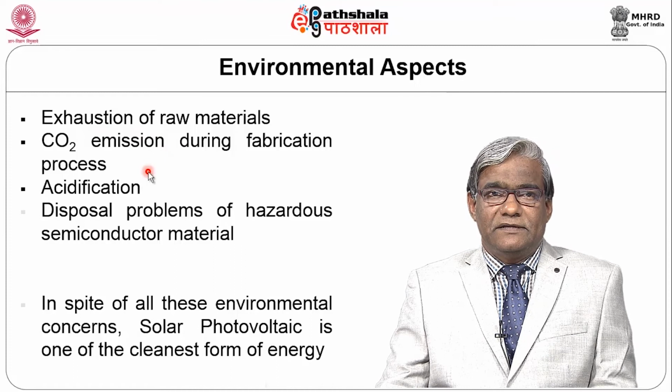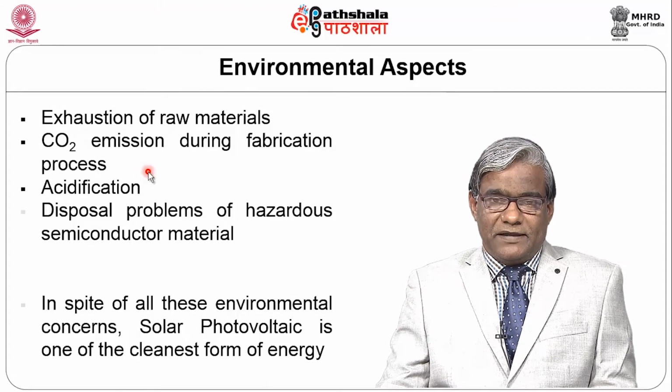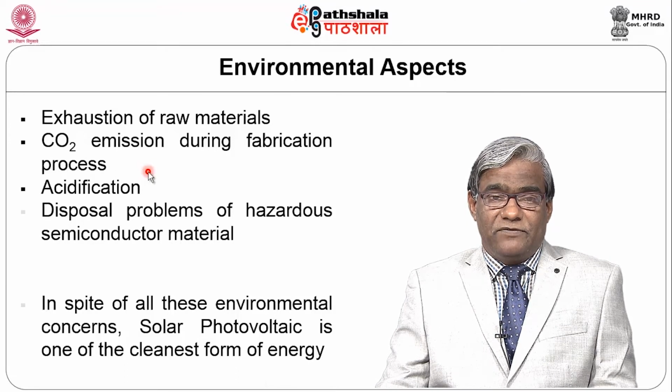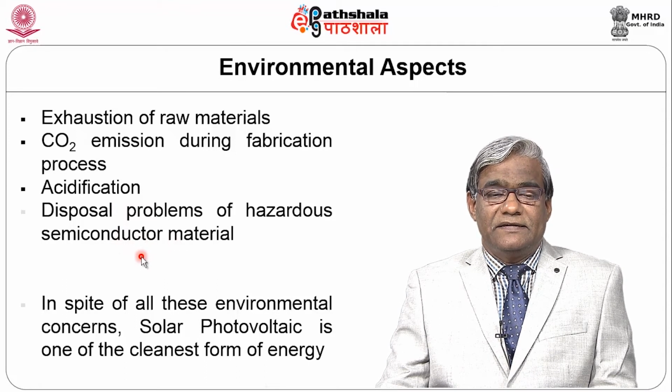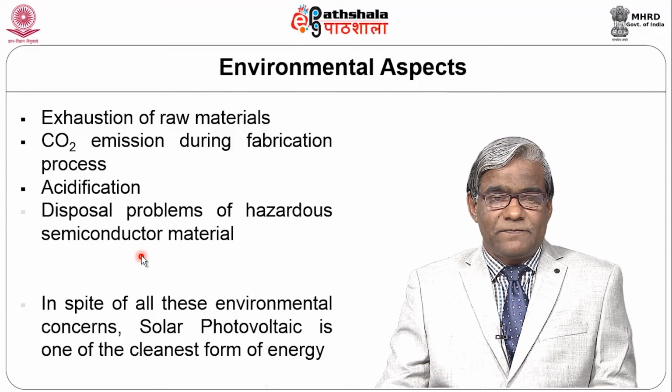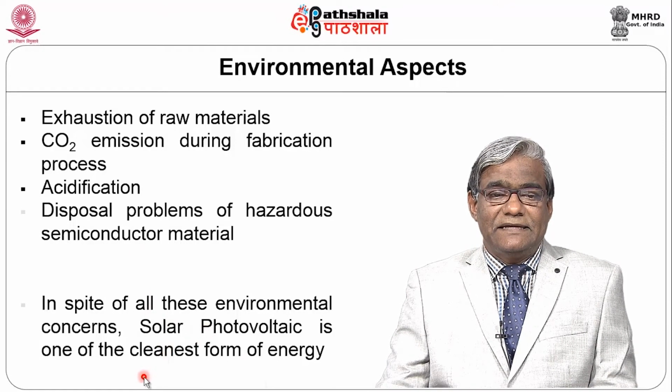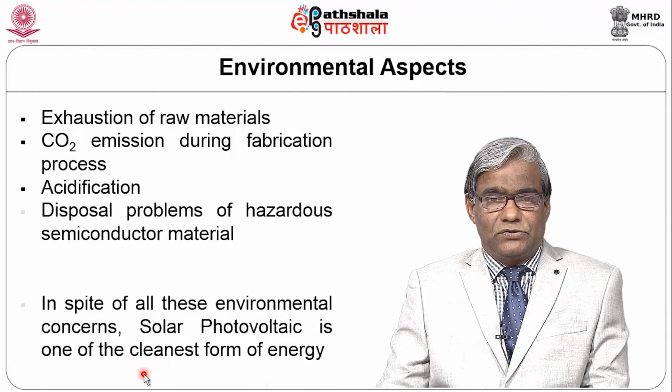Of course, it uses only solar energy and does not give any pollution, but when we make the solar PV panel, the battery, and the inverter, there will be some release of CO2, acidification, and disposal problems of hazardous semiconductor material. The solar PV array is full of semiconductor materials, and there will be some disposal problems. In spite of all these environmental concerns, solar photovoltaic is one of the cleanest forms of energy resources.